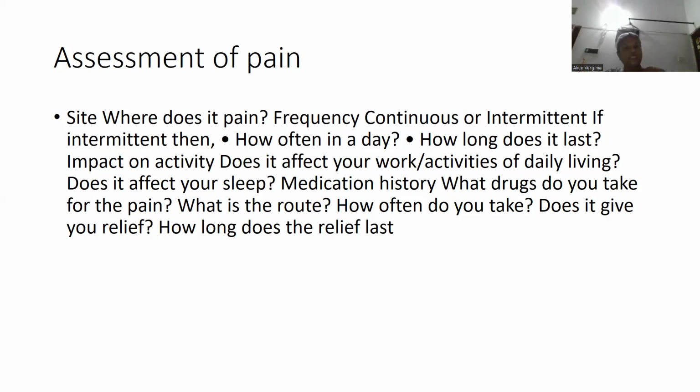Suppose the patient says it is radiating to my hand, like renal colic. Pain starts from the back and it radiates towards the front. Some patients say, I'm having backache and it radiates down to my leg. So we need to find out about that radiating pain, the site of the pain, and especially in cancer patients, we do see that there will be many different sites where the patient may have pain.